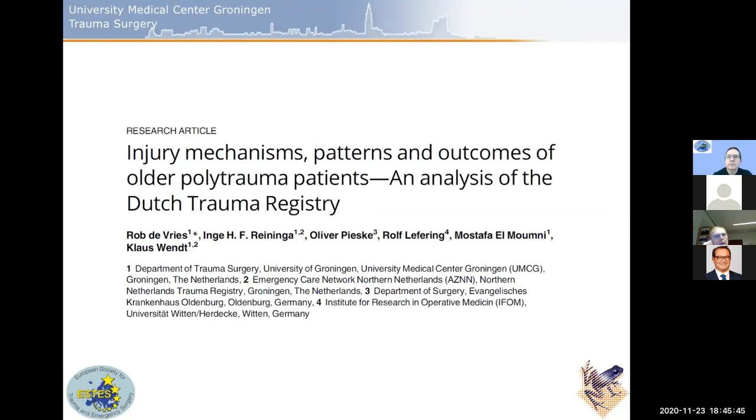It's an analysis of the Dutch trauma registry. In the Netherlands, all patients who are admitted to a Dutch hospital are included, with about a 100% inclusion rate.